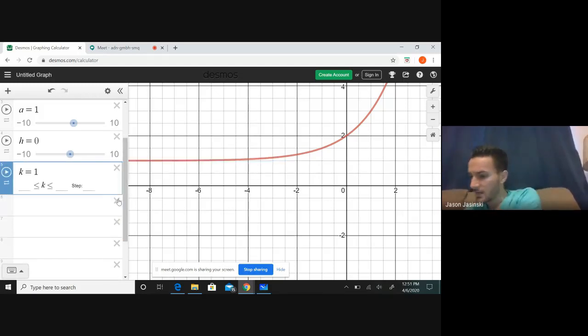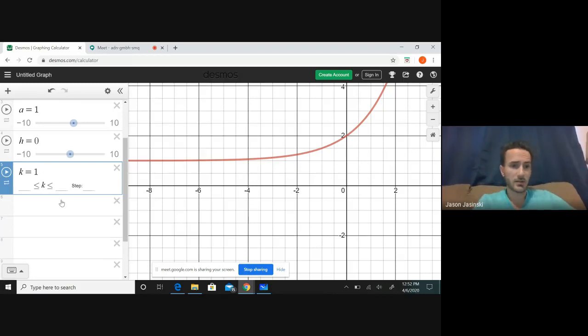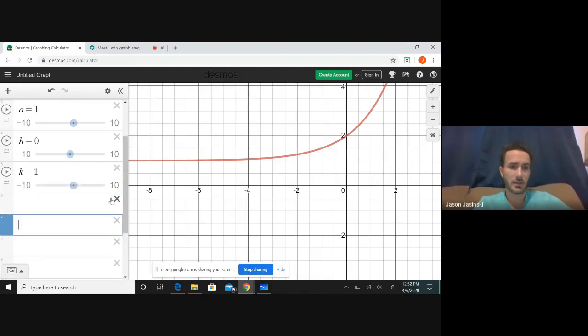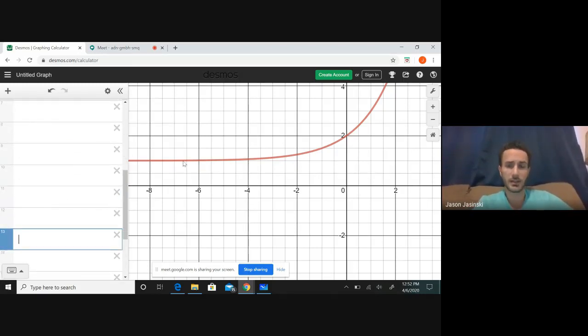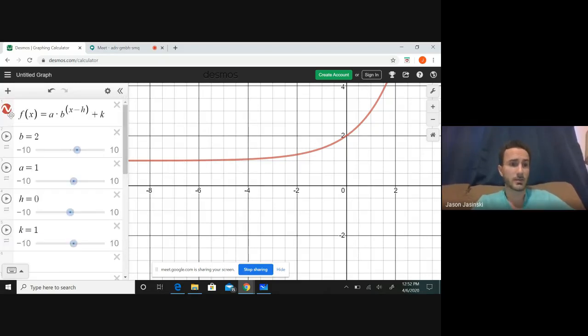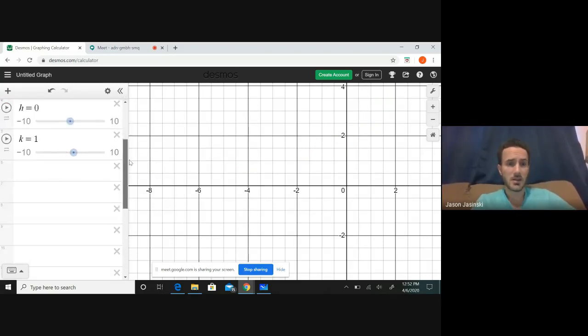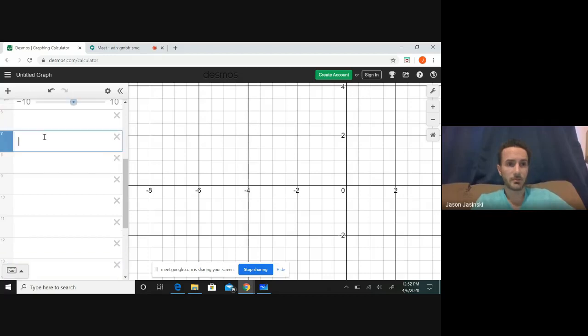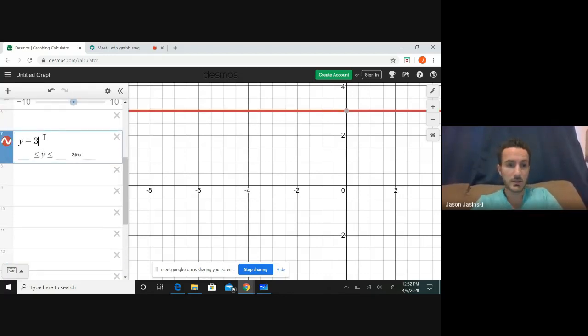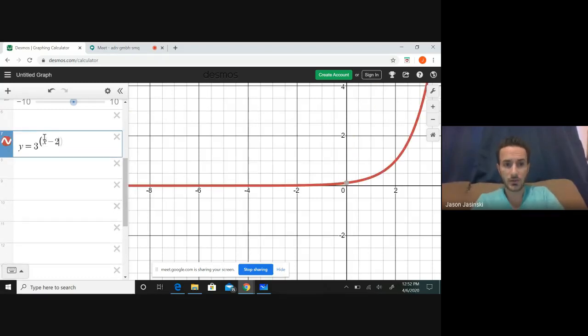So let's look at a couple examples on how to graph using a table, and we'll relate it to Desmos. Let's clear this out. Let's look at the problem y equals 3 to the x minus 2, plus 1.